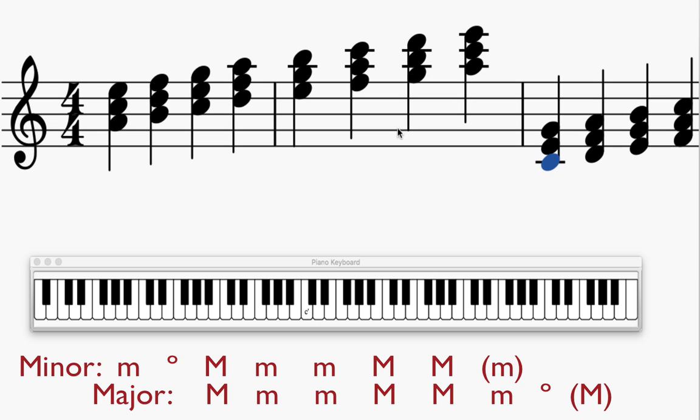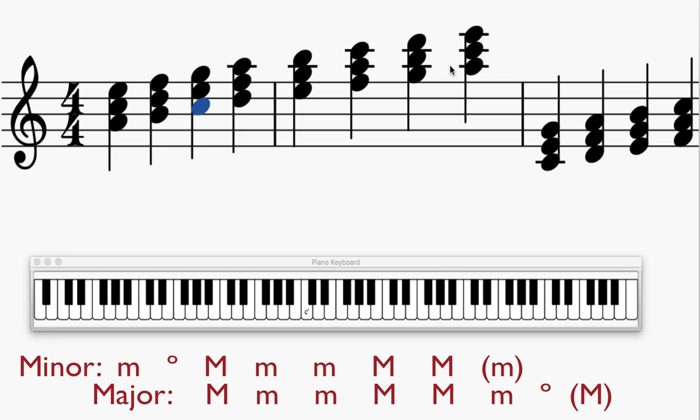Let's do it the other way. Let's go to A minor and let's go up to C. Okay, here's our C major chord. If we started counting our diatonic chord progression from right here, it would be major, minor, minor, major, major, minor, cycle back, diminished, major. It would be the same pattern, just shifted by 3 chords, right?